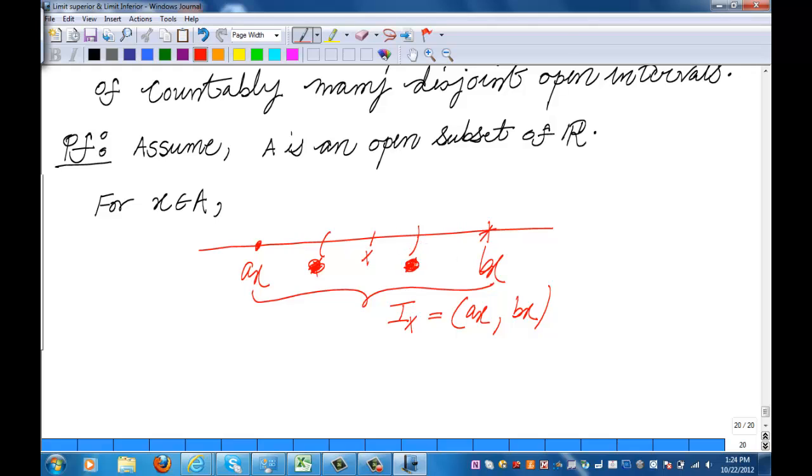So you take the supremum of the right-hand points of all the neighborhoods of x which are in A, and the infimum of all the left-hand points. That way you get ax and bx, the infimum and supremum. Is that making sense?